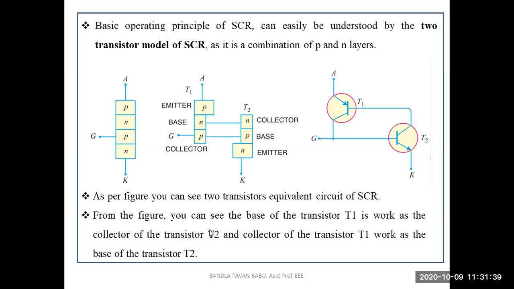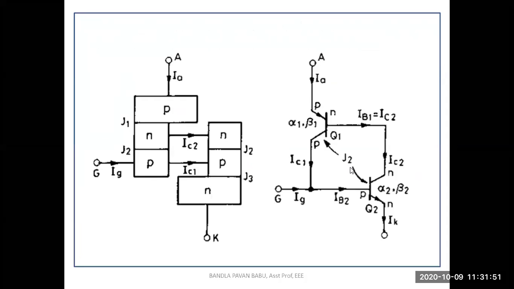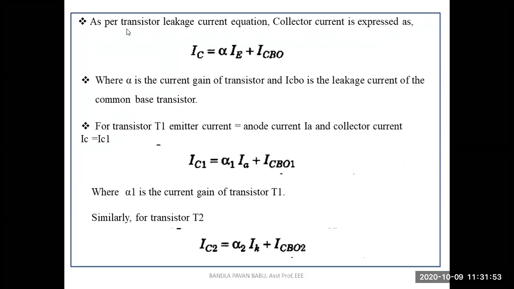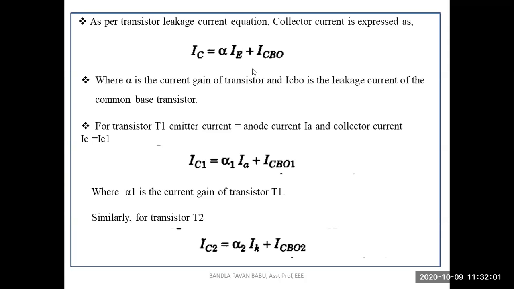From the figure you can see the base of the transistor T1 works as the collector of the transistor T2, and the collector of the transistor T1 works as the base of the transistor T2 or Q2. As per the transistor leakage current equation, this equation is already defined in the basic transistor equation.